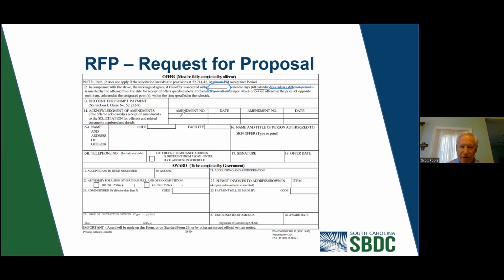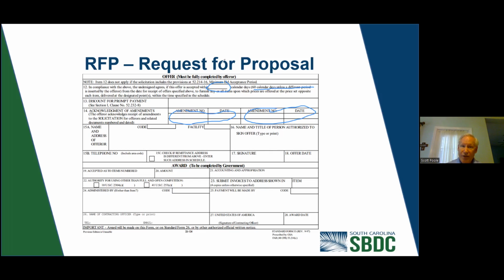In this section, there'll be certain amendments coming out with dates. You want to make sure that you grab all those amendments. Before you submit this form, you'll put in your name, address, code, facility, the person authorized to sign the offer, and then the signature and the offer date.